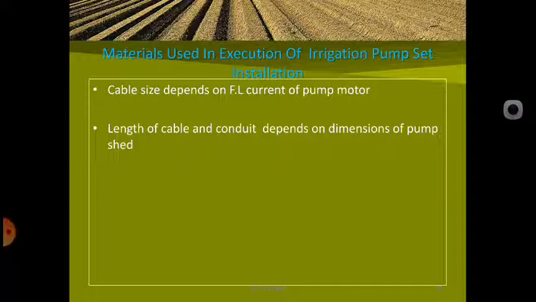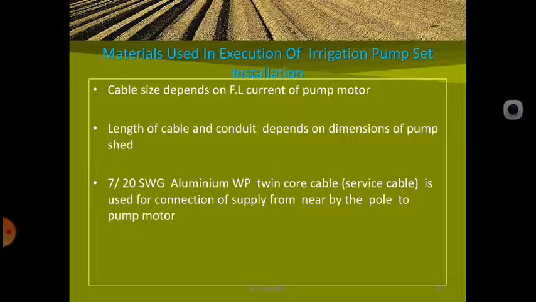Sometimes the pump shed dimensions may vary. Based on the dimensions, we are going to install the motors. Next, the 7/20 SWG aluminum weatherproof twin core service cable is used for connecting the supply from the nearby pole to our pump motor energy meter.